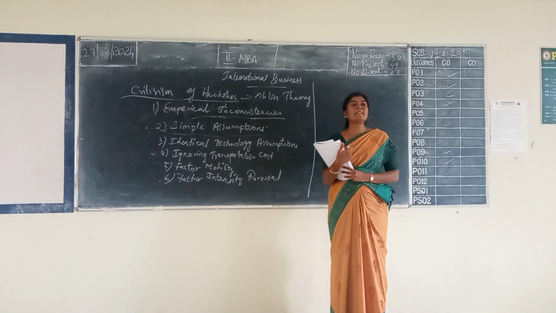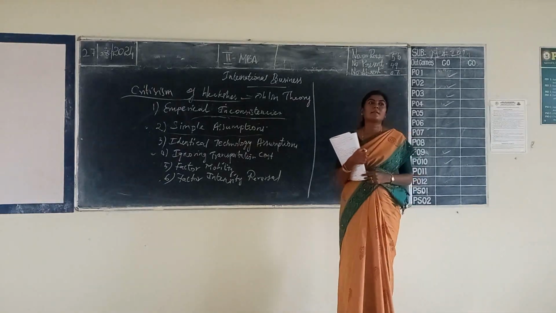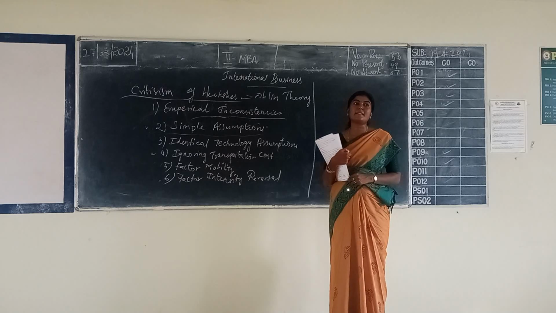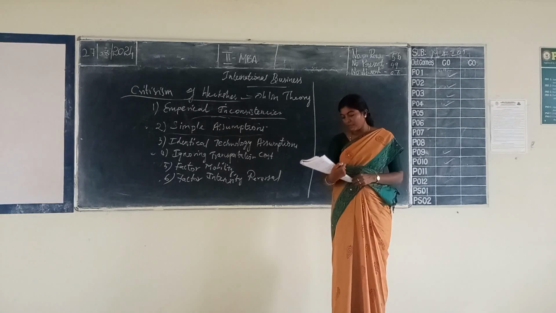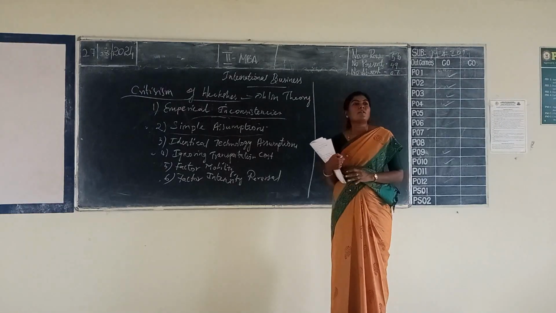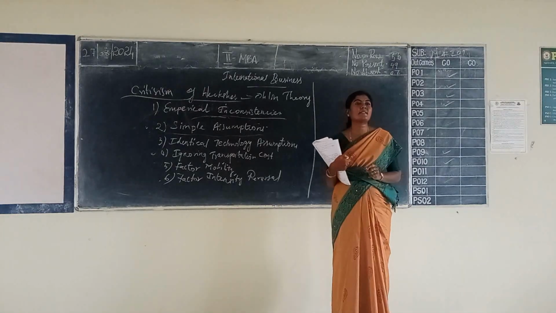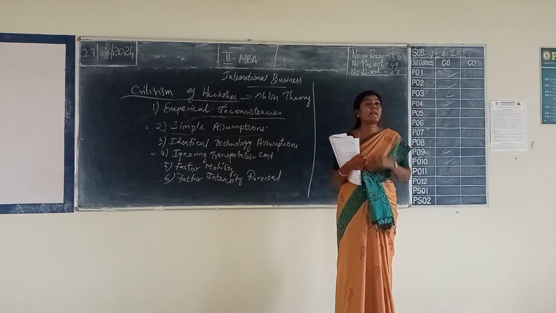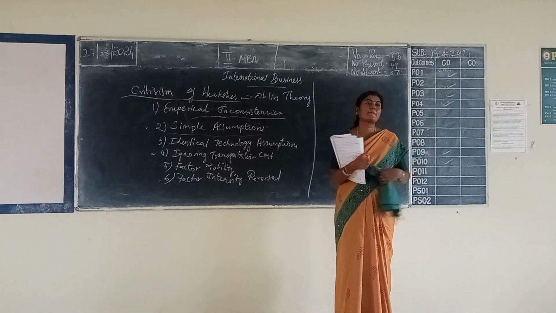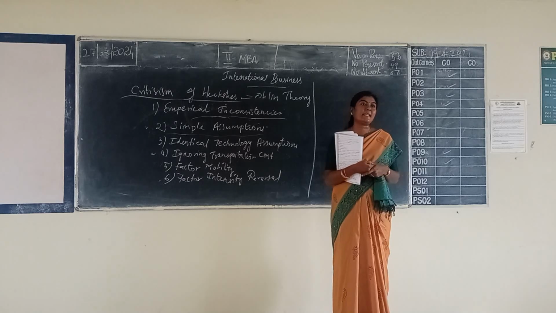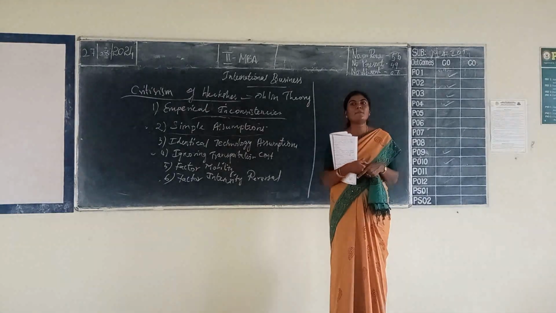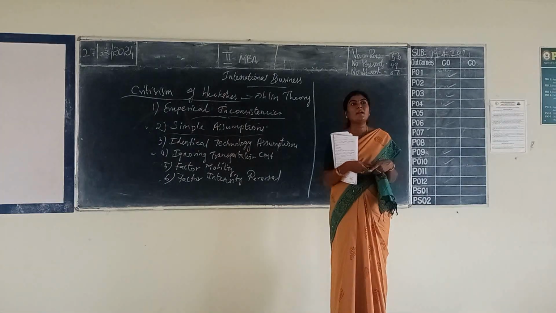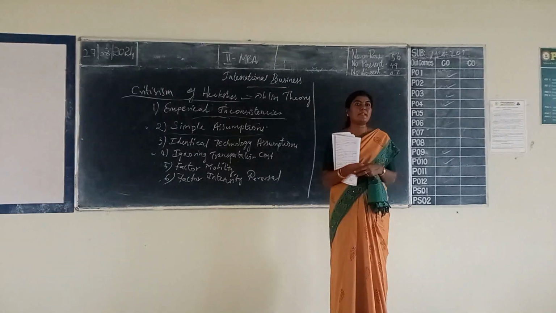When the factor price increases, factor intensity changes. For example, in the US, household labor is very costly.